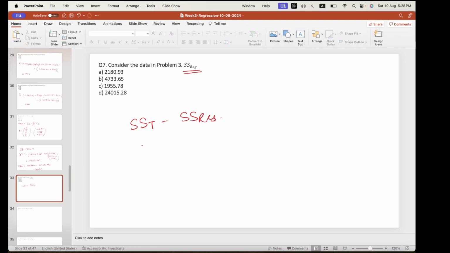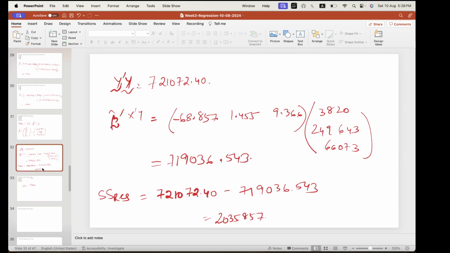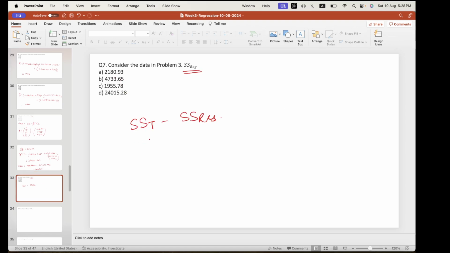Now SS residual is already given, or rather SS due to regression we can also find out by this formula, beta hat transpose X transpose Y minus n Y bar square.